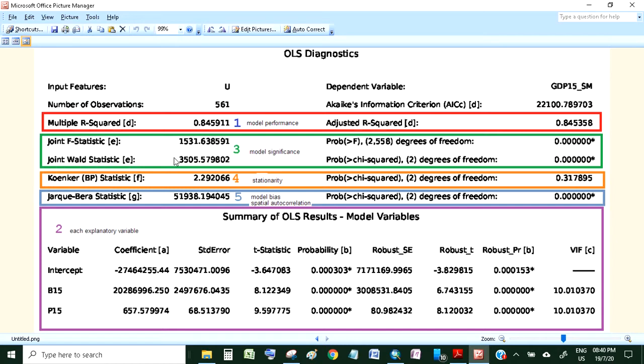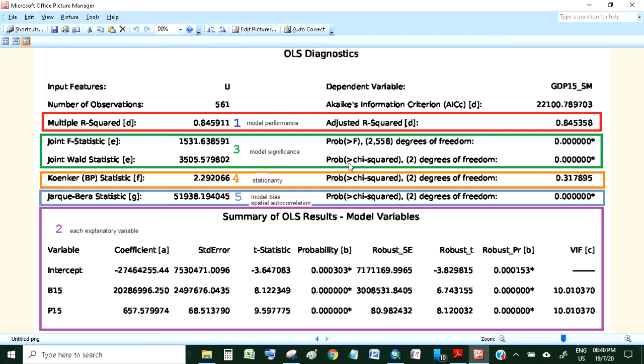Otherwise, no need. Again, listen to me: if the Koenker statistic is significant, you should consult the joint Wald statistic, which determines the overall model significance.